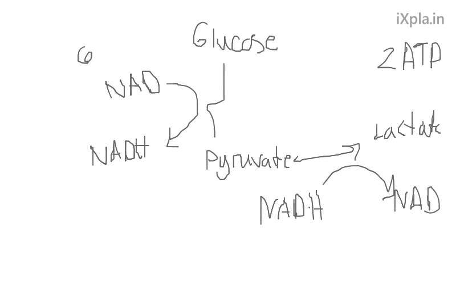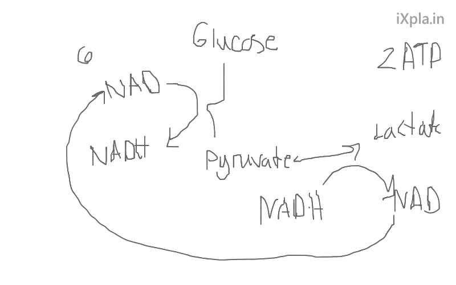Well, now that you reform that NAD, it can be used back in this cycle to keep the cycle running. This is a really well-coordinated process in the body, beautifully coordinated if you think about it. You use NAD to form pyruvate, you have to reform that NAD, so you form pyruvate to lactic acid.